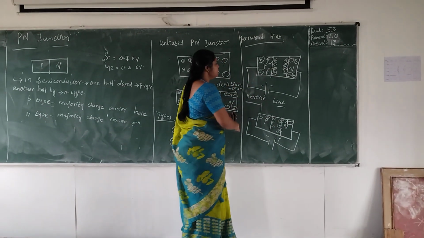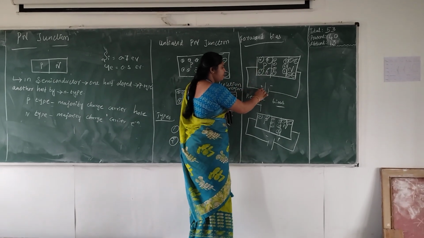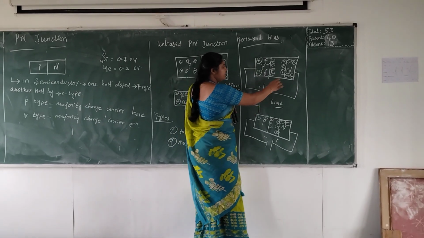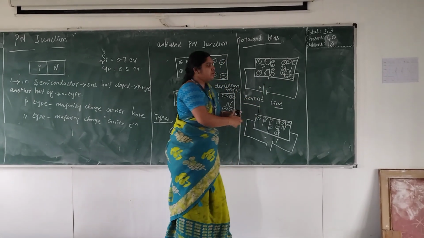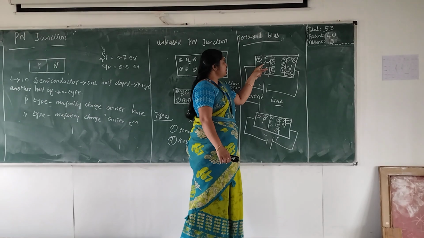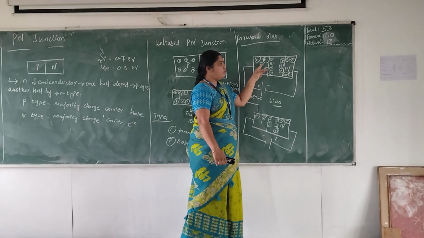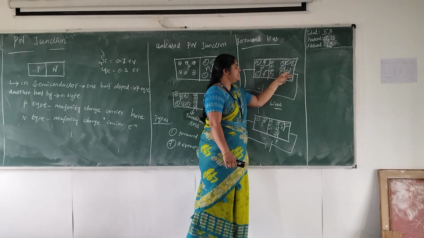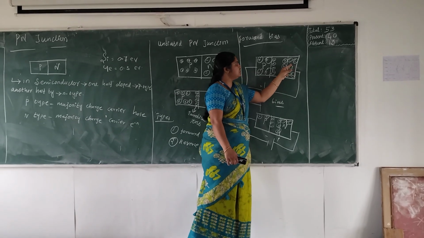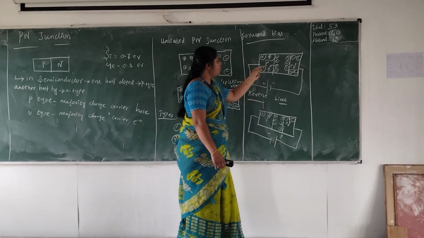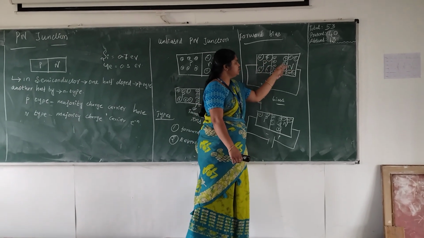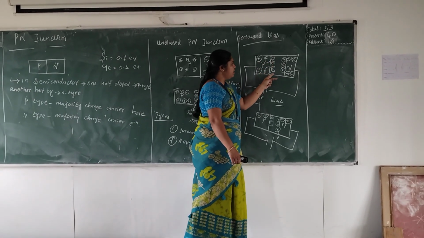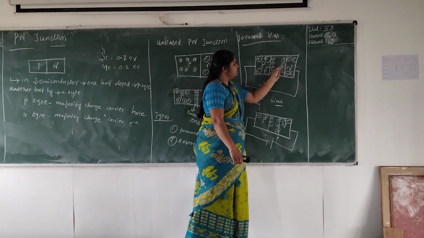Forward bias means the P-type is connected to the positive terminal of the battery and the N-type is connected to the negative of the battery. P-type has positively charged holes and N-type has negatively charged electrons. As we know, when a hole moves from one side of the junction to the other, it leaves immobile ions. Here also it is the same.